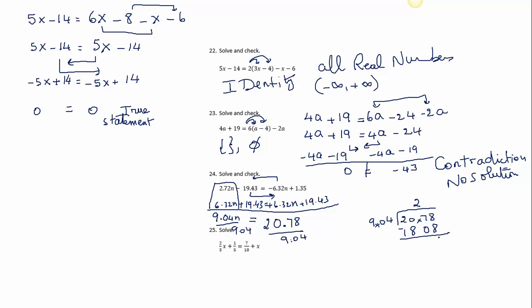Subtract. 8 minus 8, 0. 7 minus 0, 7. And 8 from 10 to 0. 270. Let's add the decimal, add a 0. 2700.